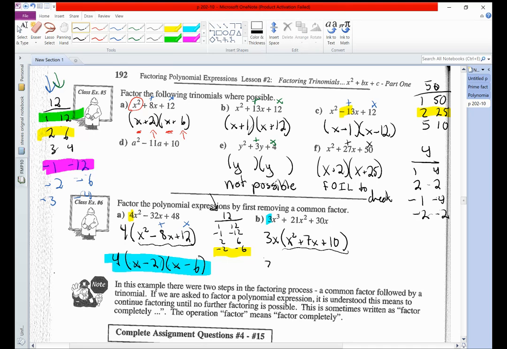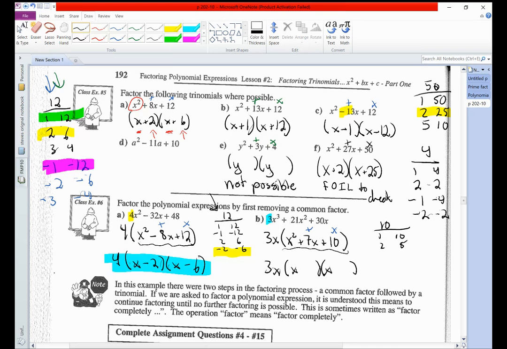So I can rewrite this, hopefully, if the factoring is possible, in the form 3x multiplied by 2 factors. So now I'm looking for two numbers that multiply to 10, add to 7. They're both positive, which is nice. So numbers that multiply to 10 are 1 and 10, and 2 and 5.